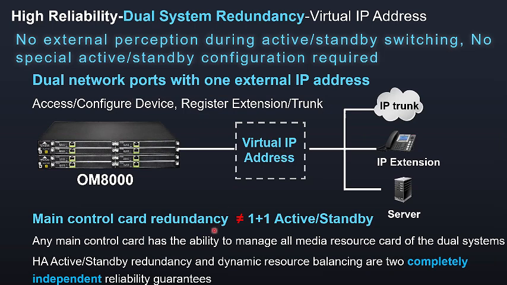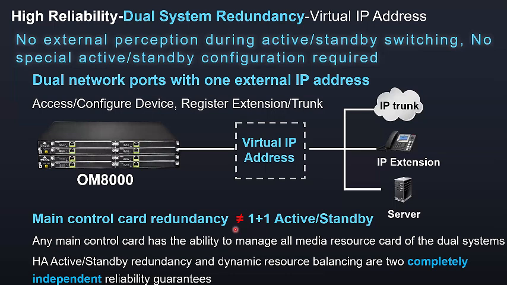So again, with the dual network ports and one external IP address, here we can set the virtual IP. The main control redundancy refers to the control card. It has the ability to manage all the media resource cards of the dual systems. HA means active or standby redundancy, and we have dynamic resource balancing that are completely independent with regards to reliability.